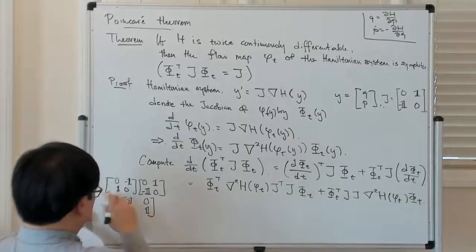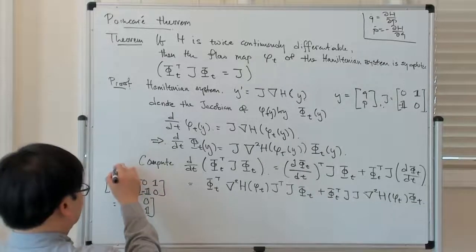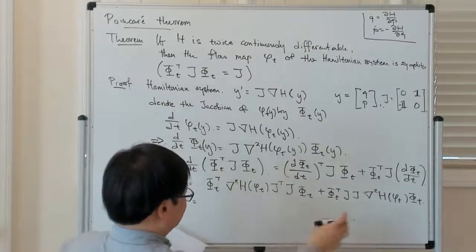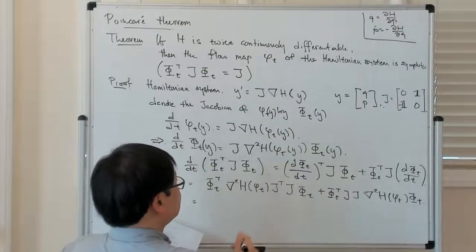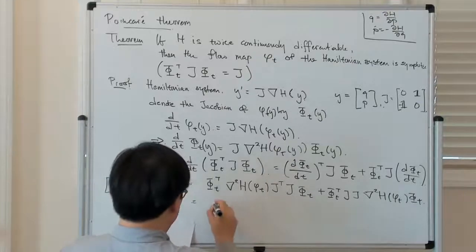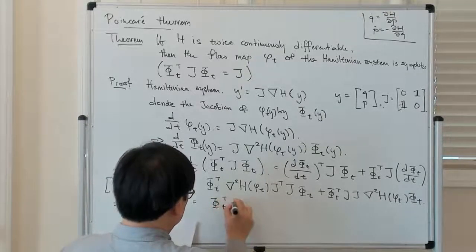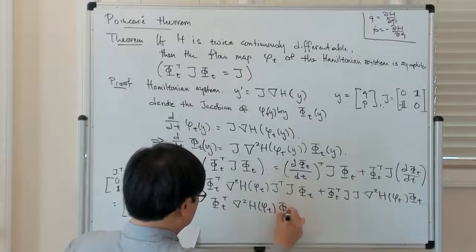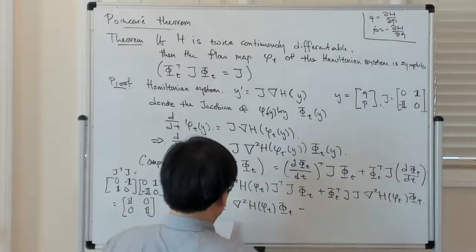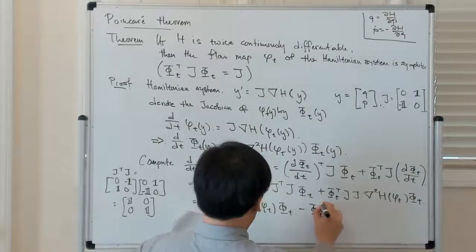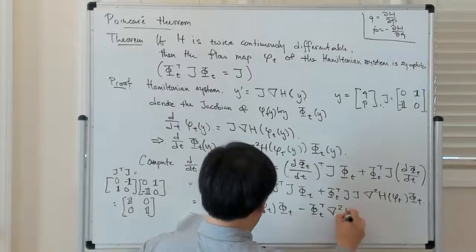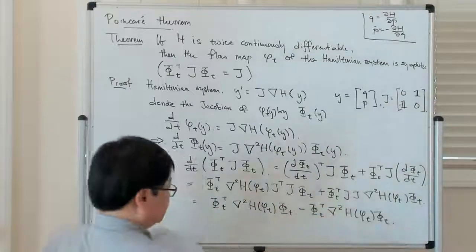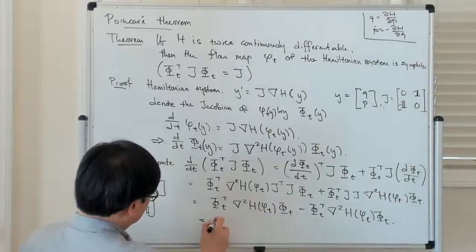So that's just the identity matrix, so this is just J transpose J. And then you can check that J squared is negative of the identity. Of course those two terms are the same except for the sign, so that's just 0.